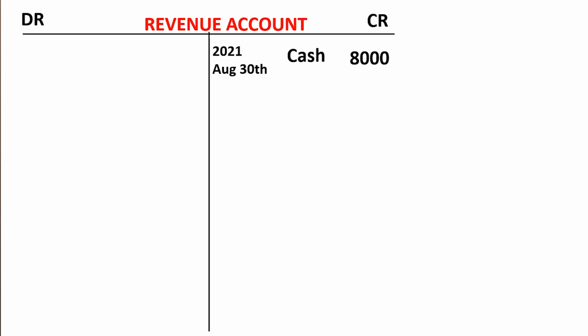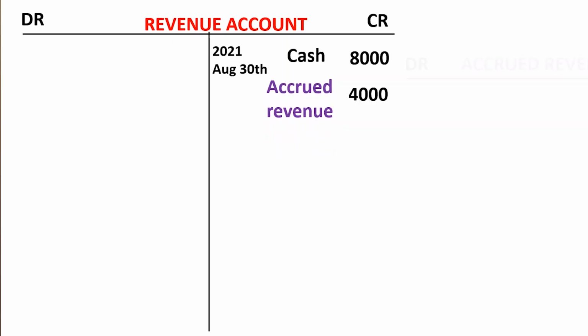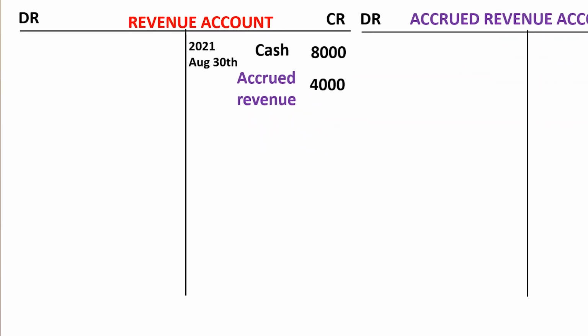Now, since revenues increase by crediting, it means that even here the $4,000 that we've earned, we are going to go ahead and credit. So we shall credit the revenue account by the $4,000. Now, the other item that is affected is an account that we are going to create, and this is what we are calling the accrued revenue account.